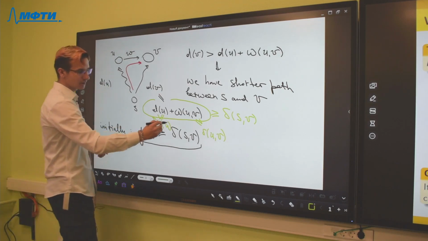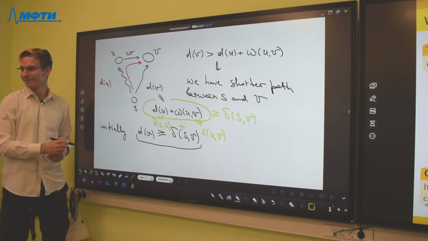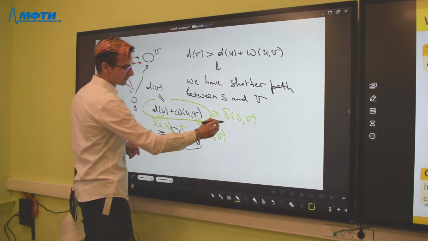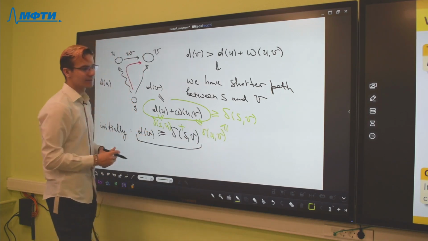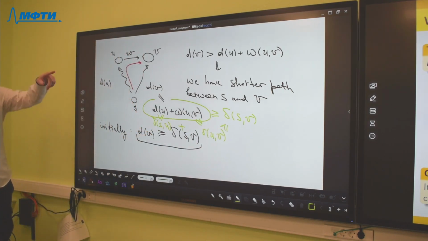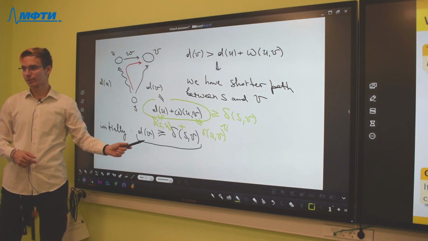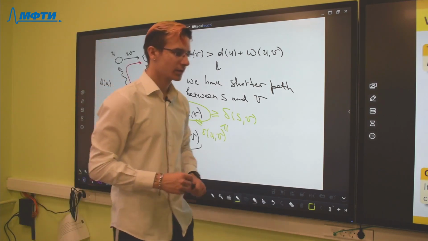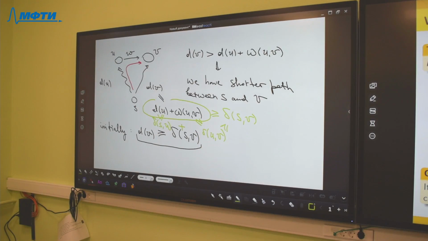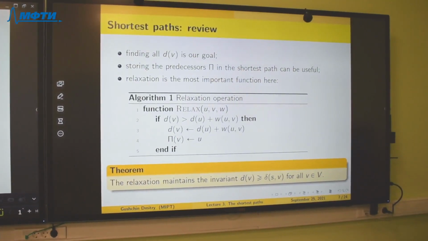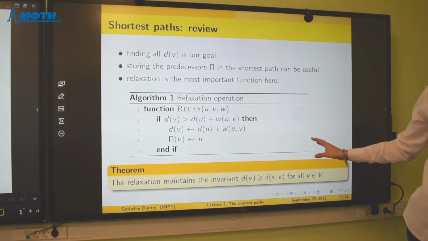And then we can say that the sum of it will be bigger than delta from S to V because of triangle inequality. So it is the invariant of the relaxation operation. Okay, so it's about relaxation and we use it a lot today.